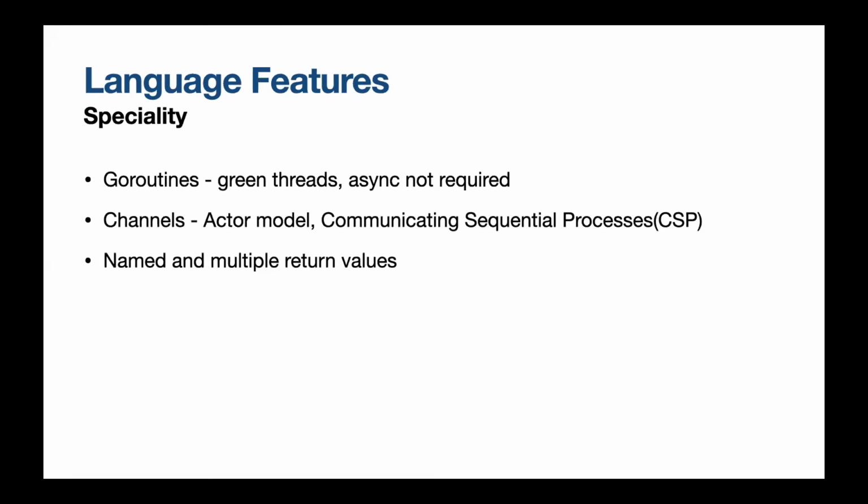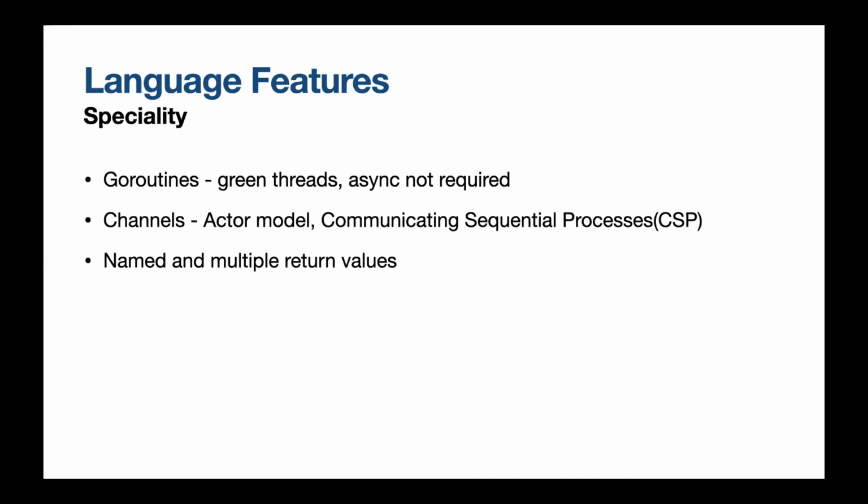And channels are the communication mechanism between goroutines. So if you want to achieve concurrency or parallelism, you write your code as a goroutine and spawn it. But how do these goroutines communicate with each other? In other languages, you might have used IPC mechanisms, shared memory, or a variety of ways to communicate. But the prescribed as well as the standard way to do that in Go is channels. A channel is like a pipe.